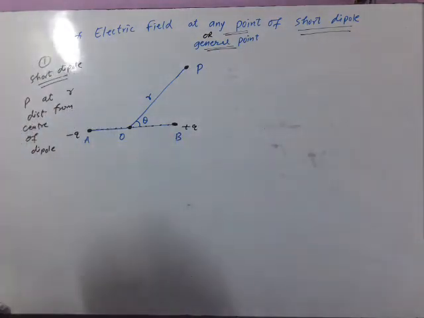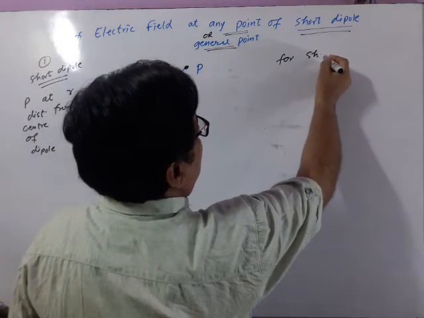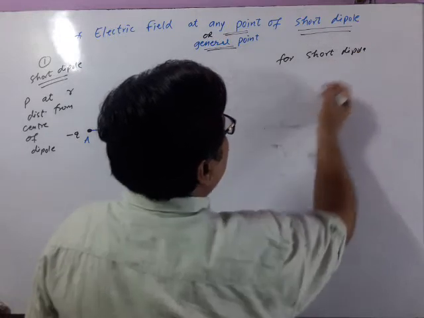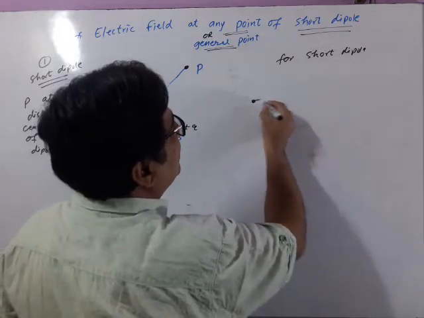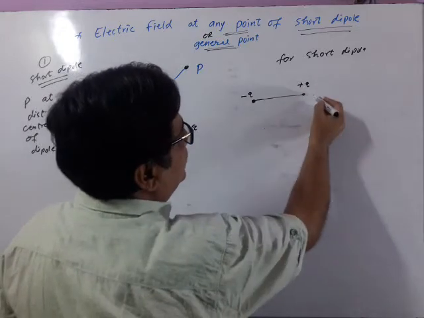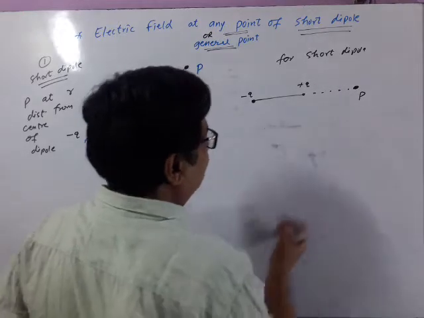Now for this, in the previous lectures, you learned for a short dipole, what is the electric field on the axis of the dipole? See, this is a short dipole, minus q, plus q. This is the axial line or end-on position of the dipole.